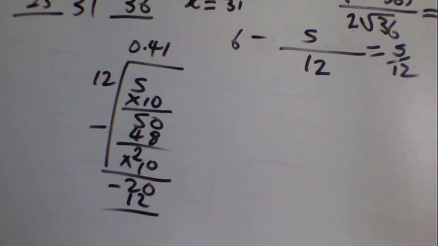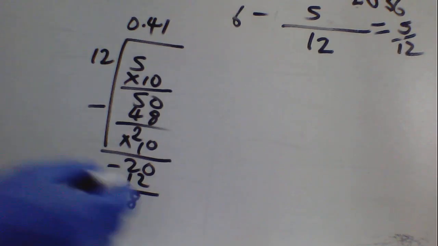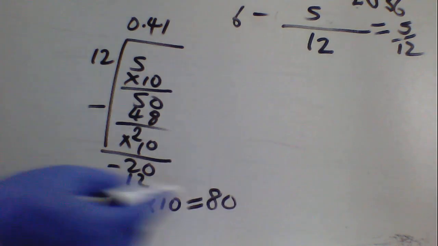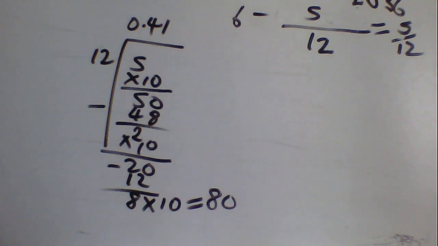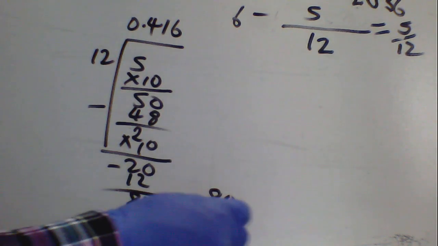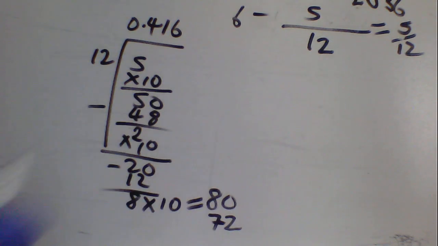You subtract, and that gives us 8. So 8 divided by 12, can it go? No. So you multiply 8 by 10, and that gives us 80. 80 divided by 12 will give us 6. 6 times 12 will give us 72. So we have to stop here.